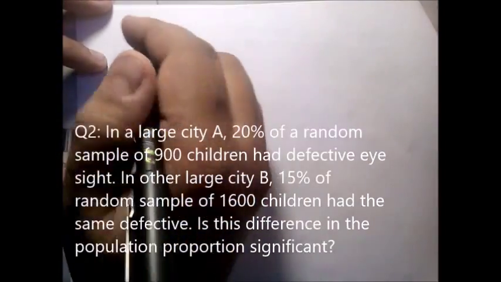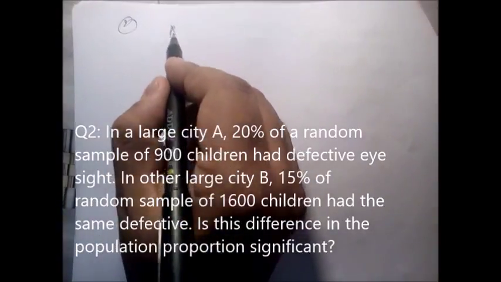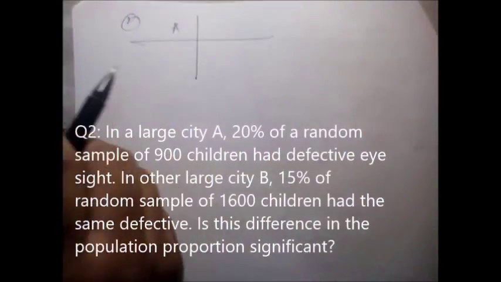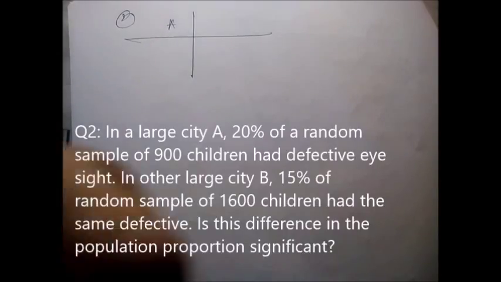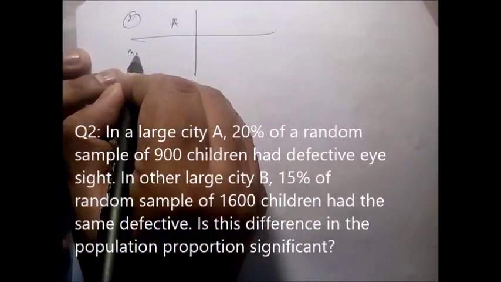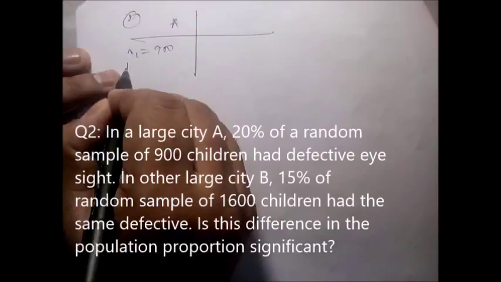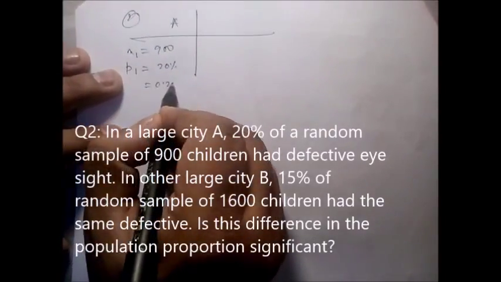Next. In a large city A, 20% of a random sample of 900 school children had defective eyesight. Okay, so sample size is 900, proportion is 20%, that is 0.20.